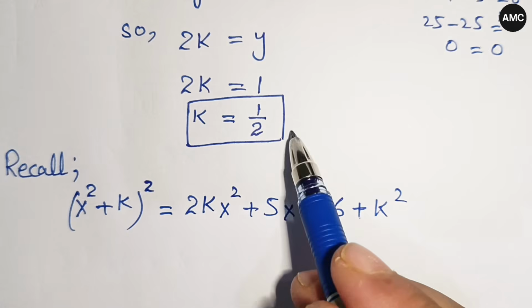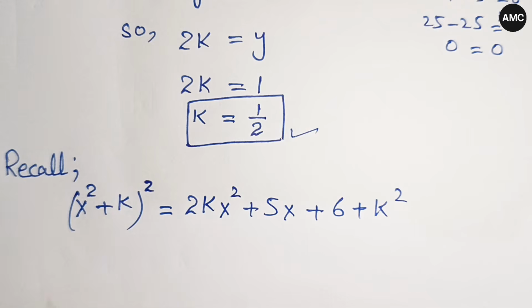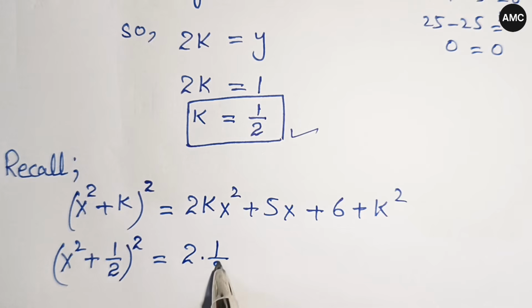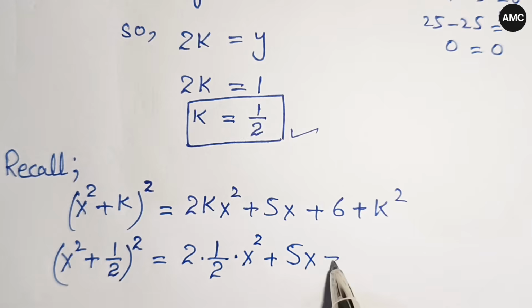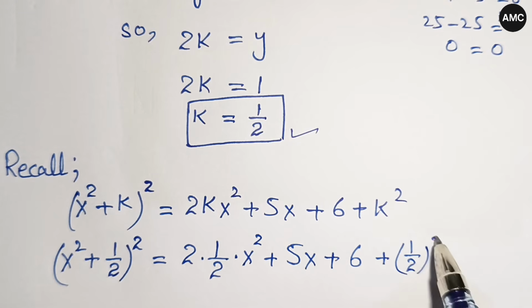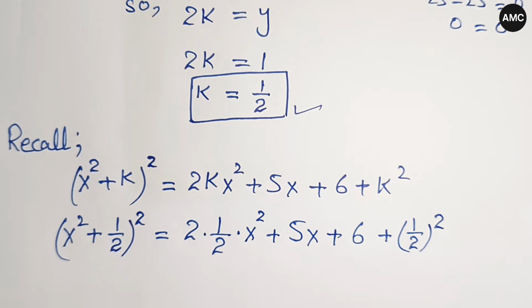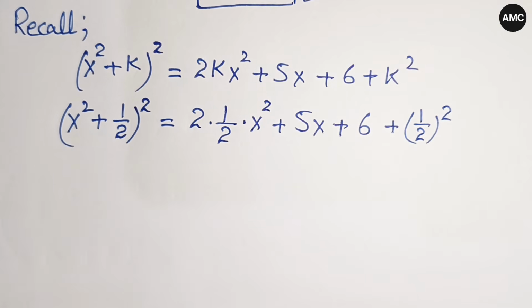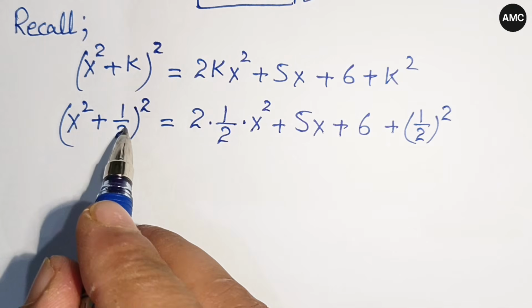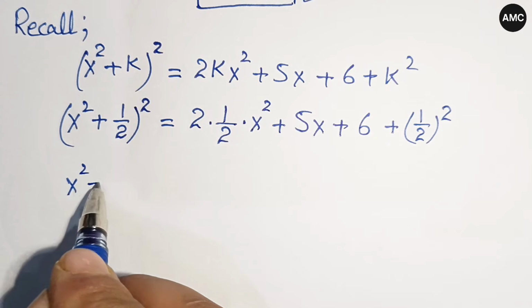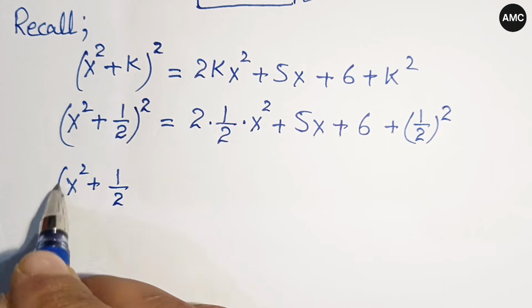Now putting this value of k in this equation, we have x squared plus 1 over 2 whole squared equal to 2 times 1 over 2 times x squared plus 5 times x plus 6 plus 1 over 2 whole squared. I hope you understand all these steps. So we write x squared plus 1 over 2 whole squared as it is.